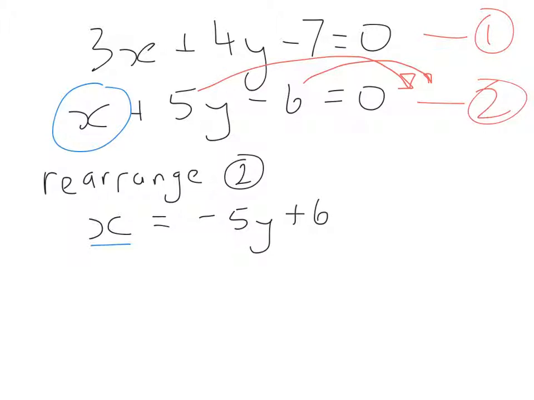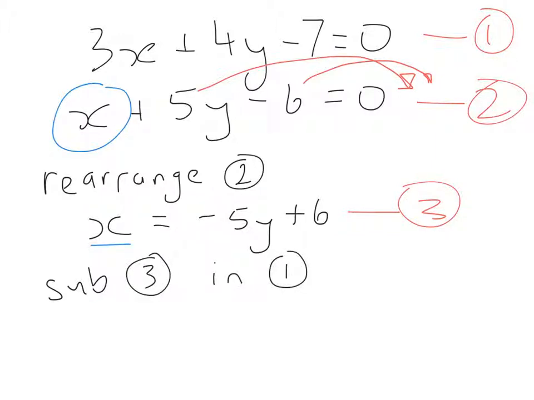So I can take this equation, equation number 3, and I can put that in equation number 1. Again, I'm going to replace x, this x here, with what x equals.